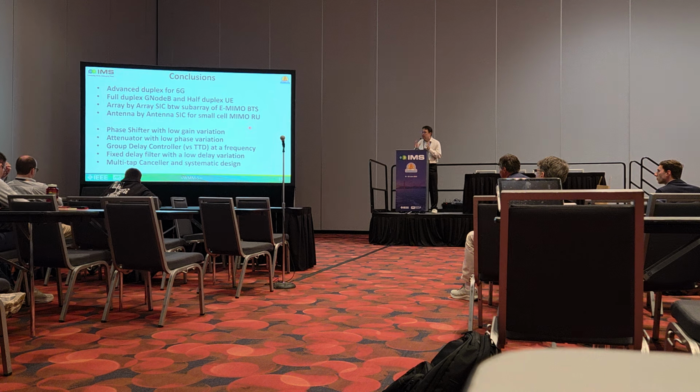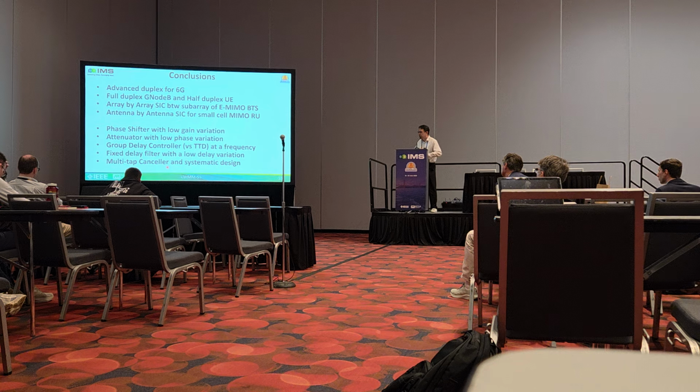We need array by array self-interference cancellation, or between sub-arrays, for extreme MIMO base stations, and antenna by antenna self-interference cancellation for small cell MIMO radio units. We have developed phase shifter, attenuator, and group delay for less variation, so as not to affect each other. And maybe we need a fixed delay filter for low delay variation, and a multi-tap canceller and systematic design are required. And that's it.